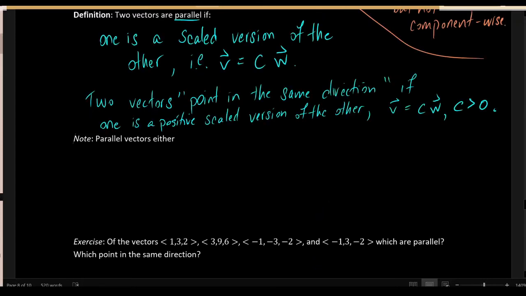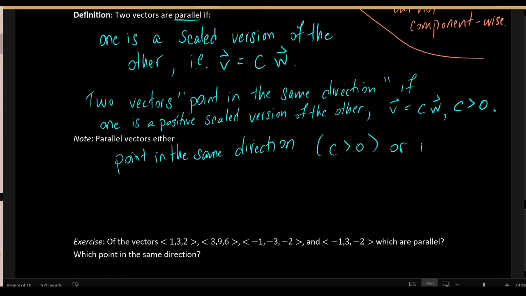So one of the things worth noting is that parallel vectors either point in exactly the same direction or they point in opposite directions. They point in the same direction if one is a positive scalar multiple of the other, and in opposite directions if one is a negative scalar multiple of the other.